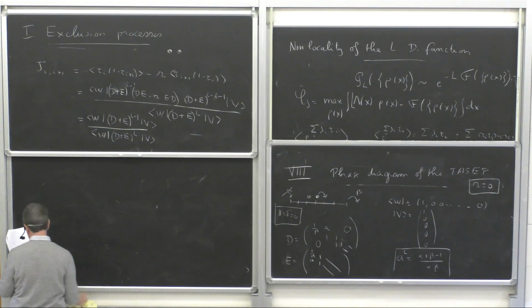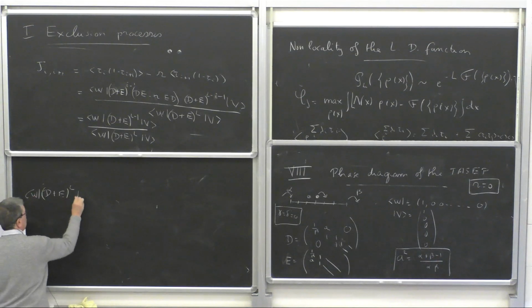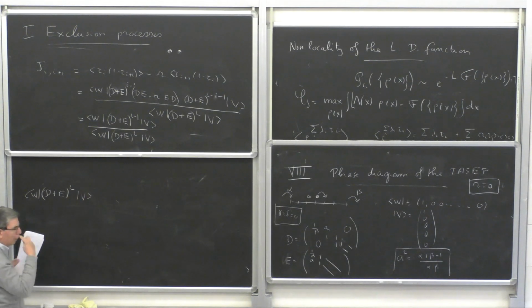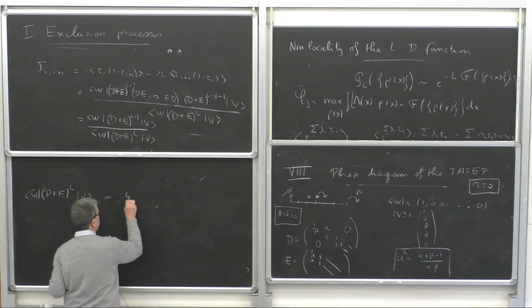The answer will be that D plus E to the L will have 3 possible behaviors.